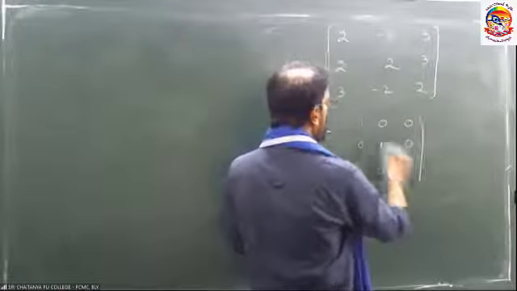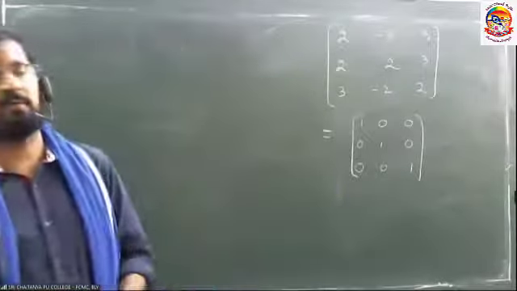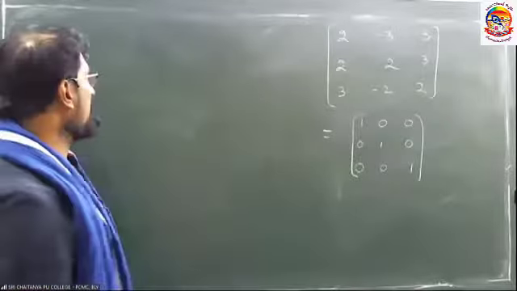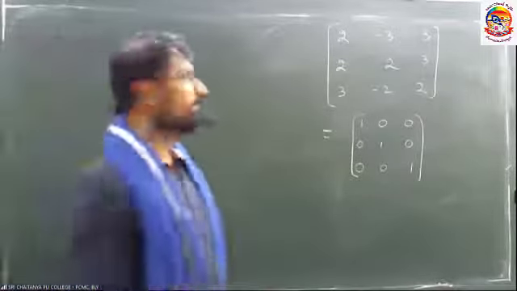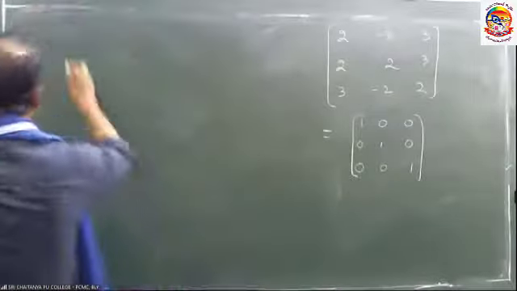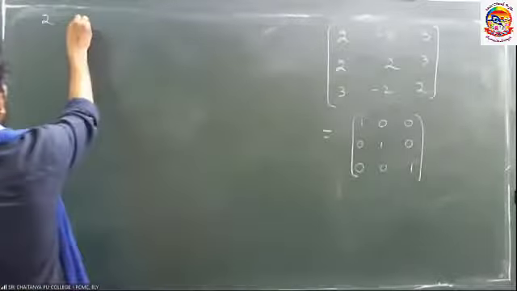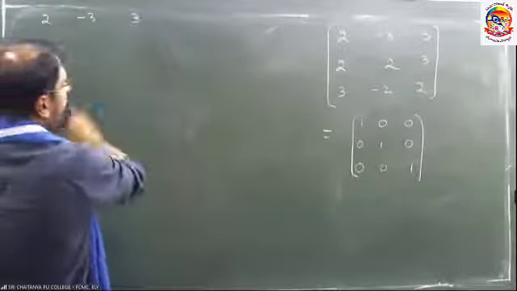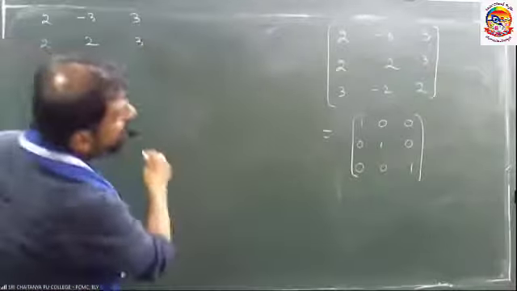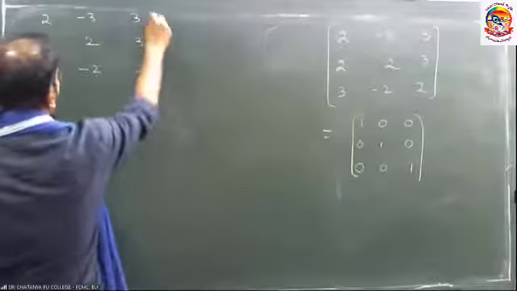Afterwards, the second time, definitely I will go through the AI is equal to A formula. Okay, start doing that. Parallel to me, 2, minus 3, 3. Okay, 2, 2, 3. Slowly, nothing to worry. 3, minus 2, 2.